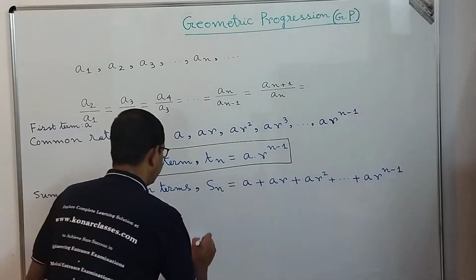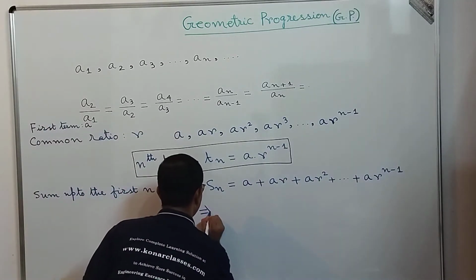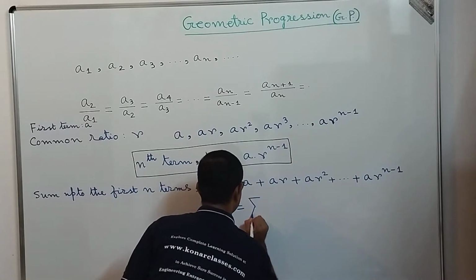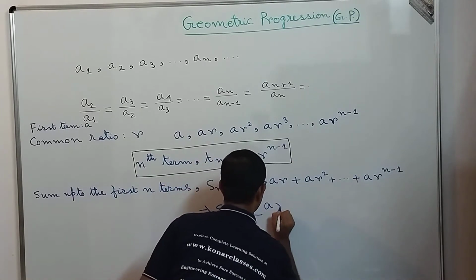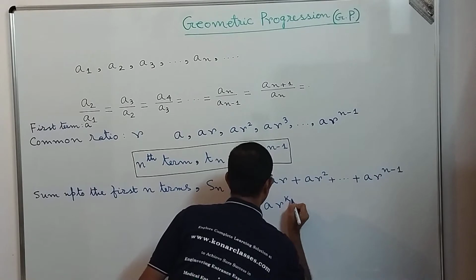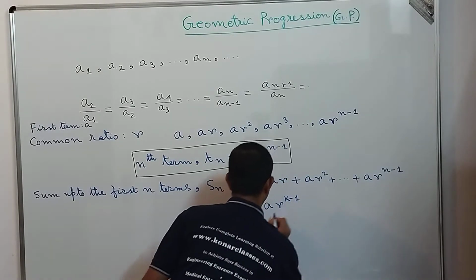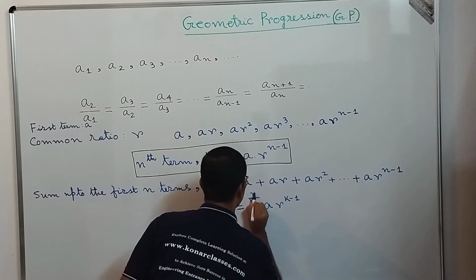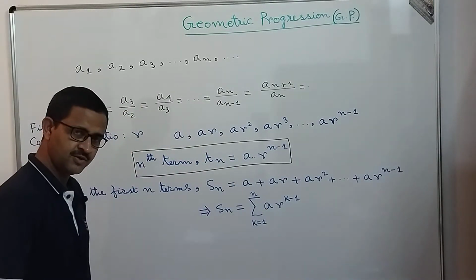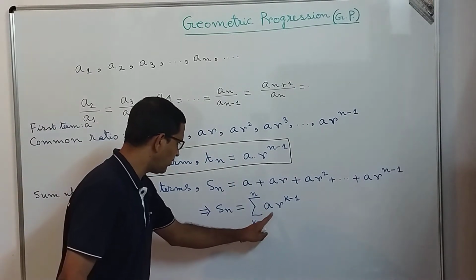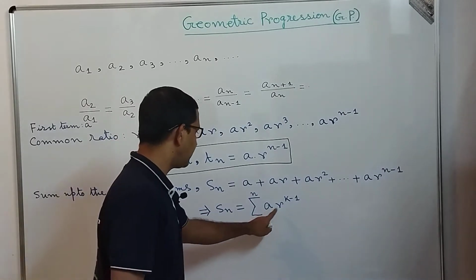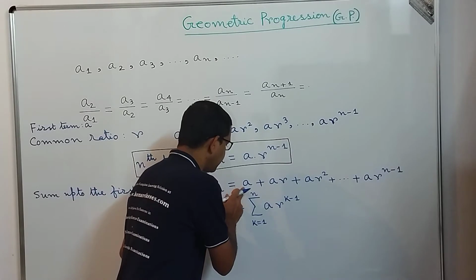Symbolically, we can write this Sn as the summation of A into R to the power k minus 1, where k is varying from 1 to n. You apply k equal to 1, you get A into R to the power 1 minus 1, that is A into R to the power 0, the first term.